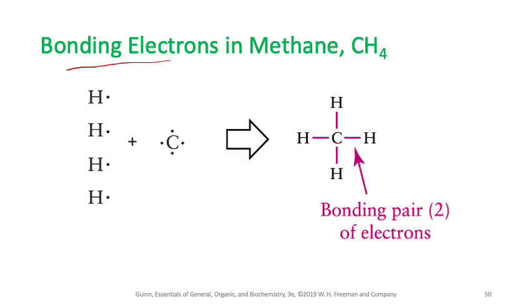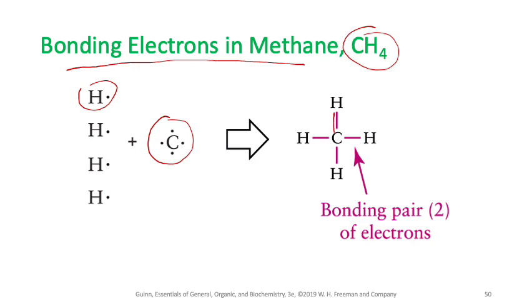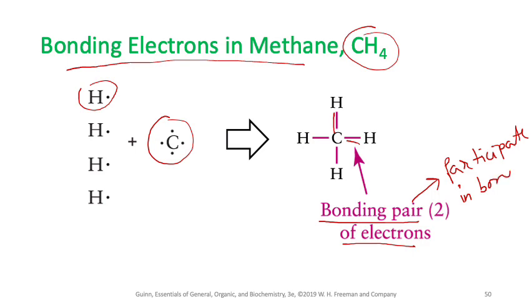This is the same example of methane, CH4, that we just discussed on the previous slide. Carbon has 4 valence electrons, each hydrogen has 1. When they combine together, they make 4 single bonds, and then we have a special term called bonding pair of electrons. What is a bonding pair of electrons? Those pairs of electrons that participate in bond formation.